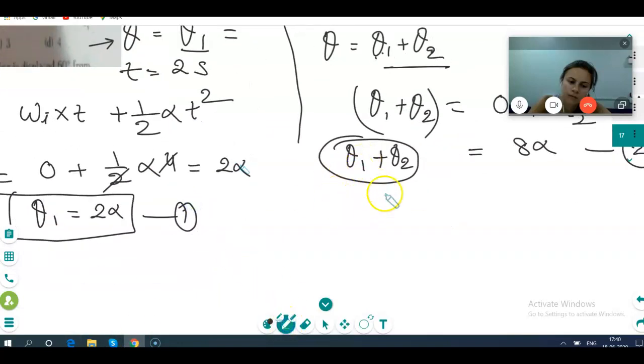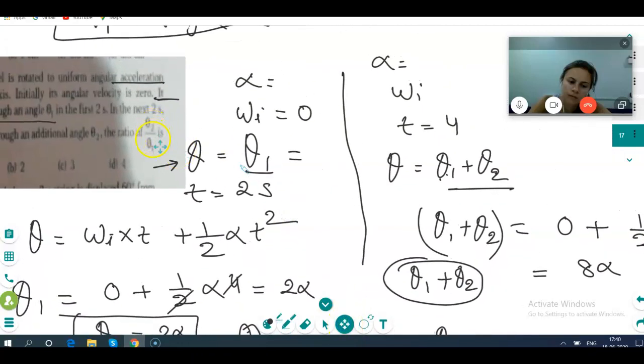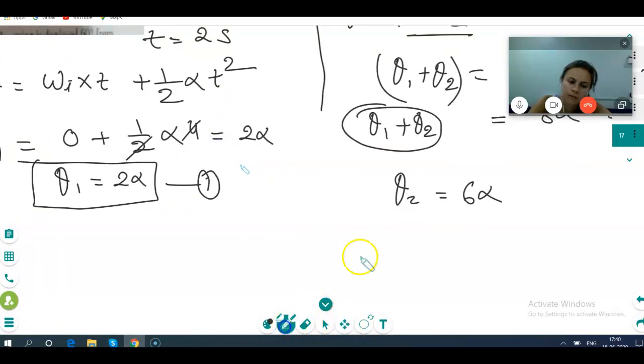Okay, I agree with you. They are asking theta 2 over theta 1, so theta 2 divided by theta 1 is equal to 6 alpha by 2 alpha. Alpha cancels, so the answer is 3.